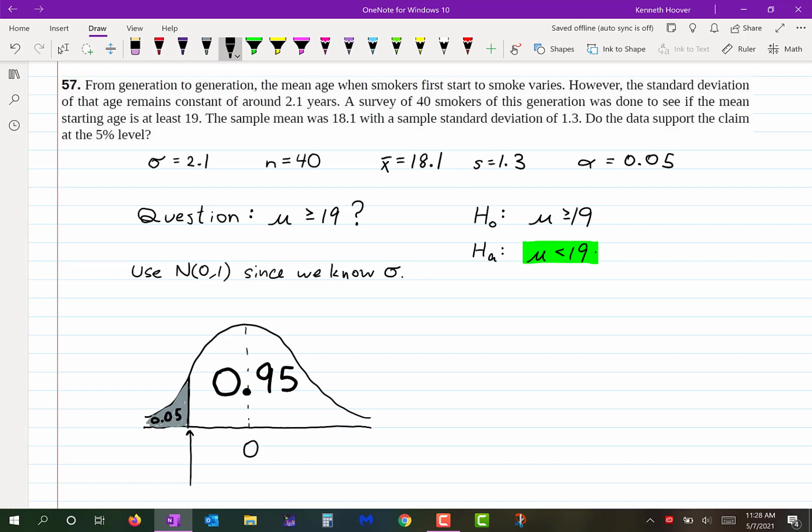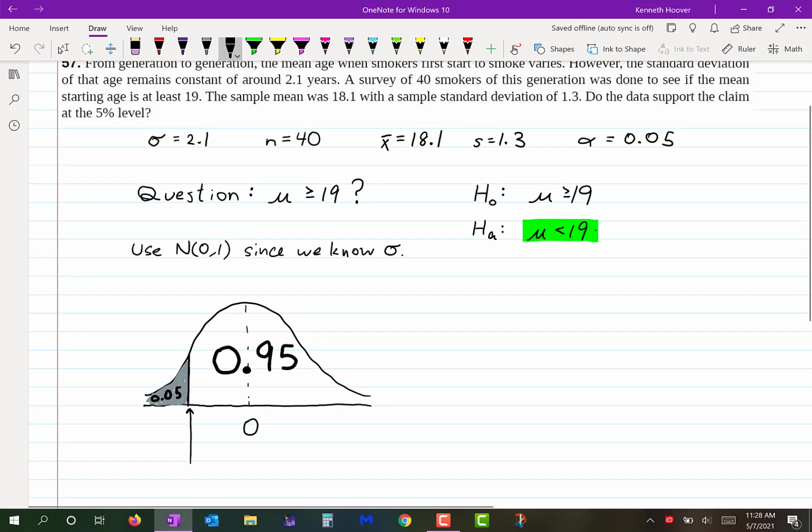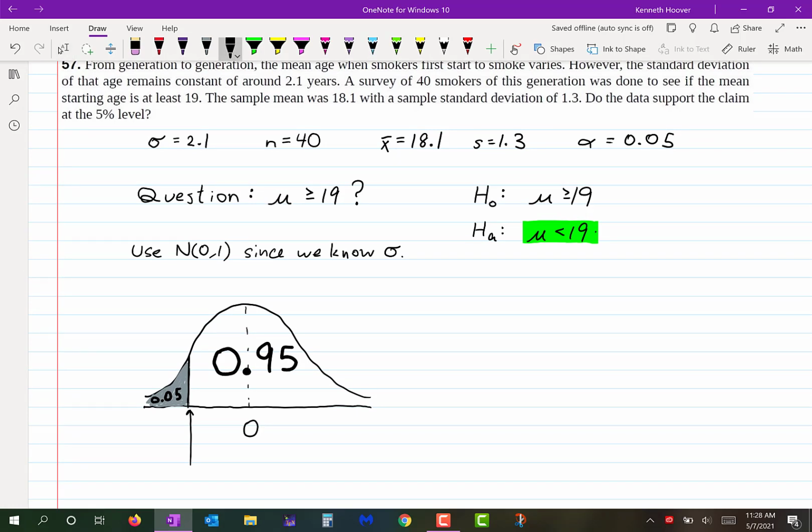I know that, but when you're doing hypothesis tests, the book calls them p-values, even though we're doing a normal distribution. Okay, but nonetheless, what is that value right there that breaks off a tail of size 0.05? Okay, and we look that up. Again, we're not doing any calculations here. We're simply looking up a number in a table, and we get negative 1.645.